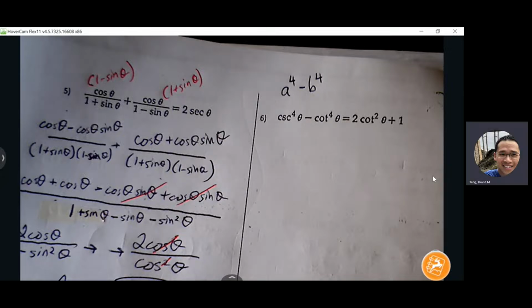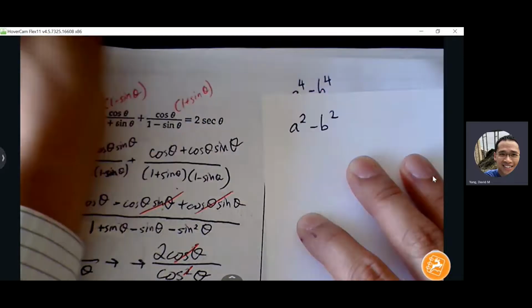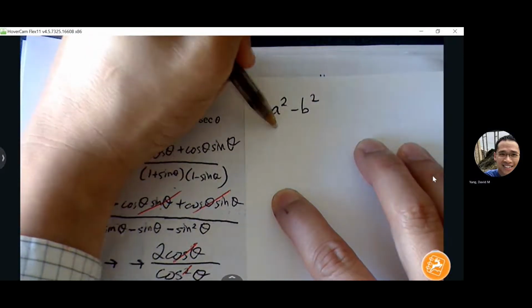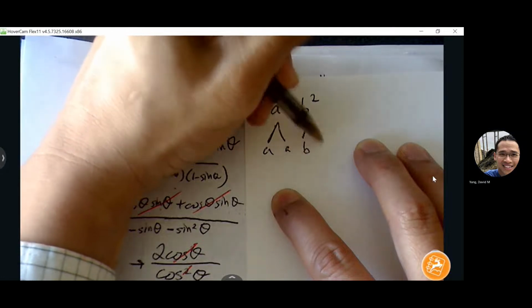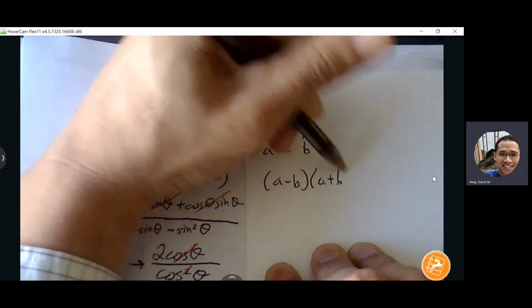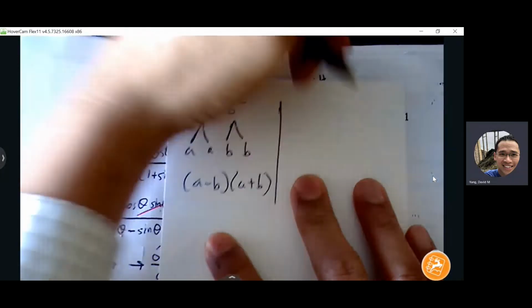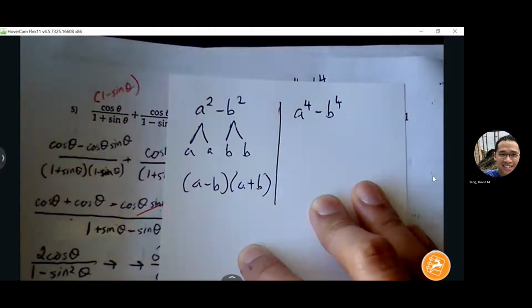So let me make some connections here. If I gave you a squared minus b squared, we can break that down into what? Perfect squares of each, into a minus b times a plus b. Okay. Can I do the same thing if I had a to the 4th minus b to the 4th?